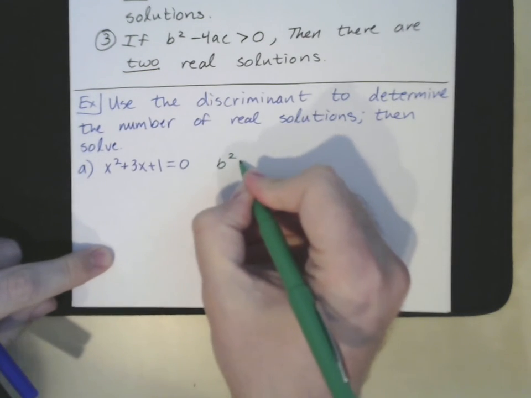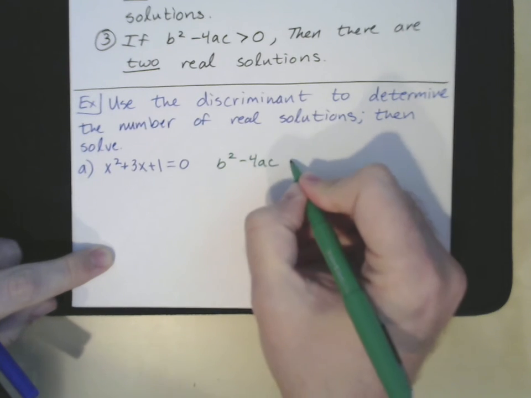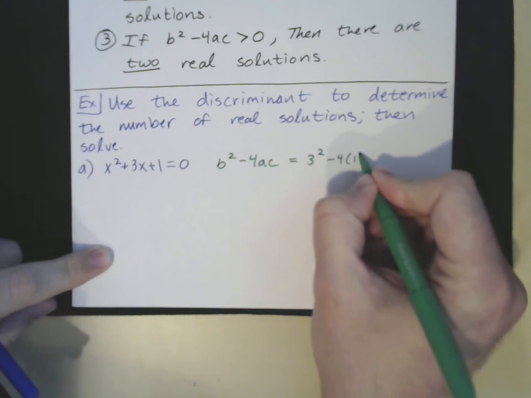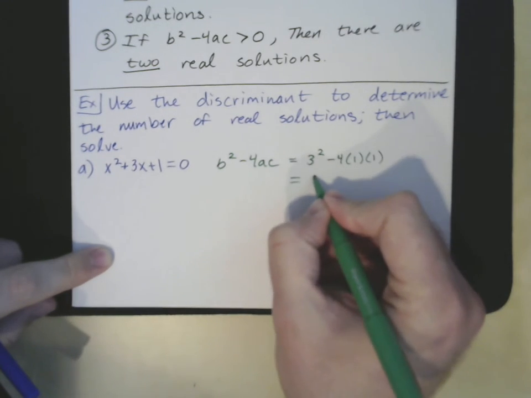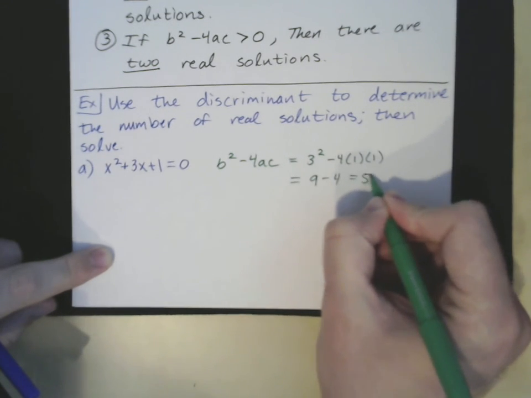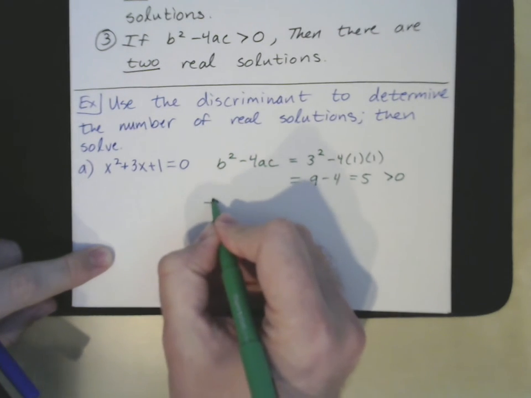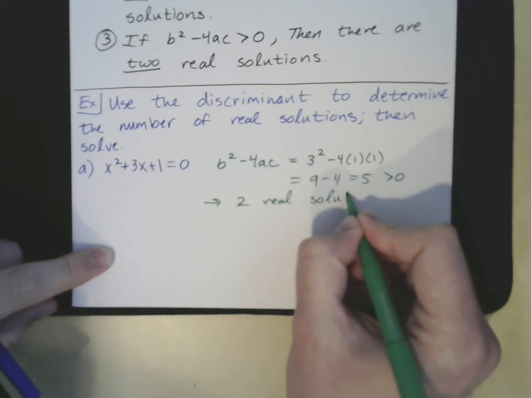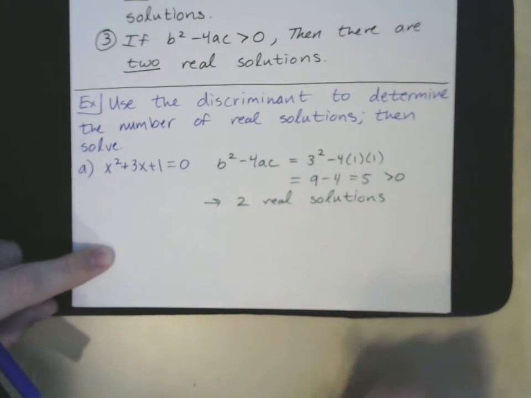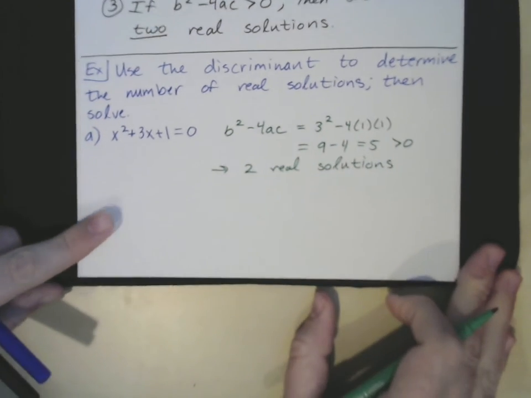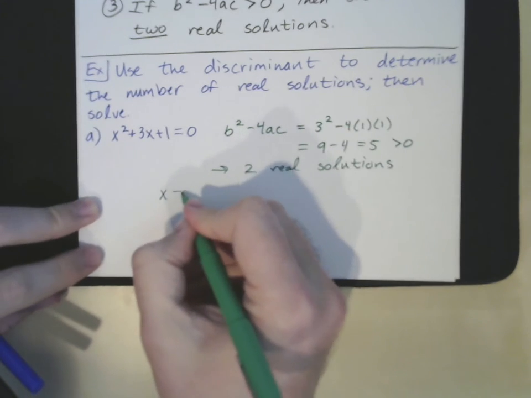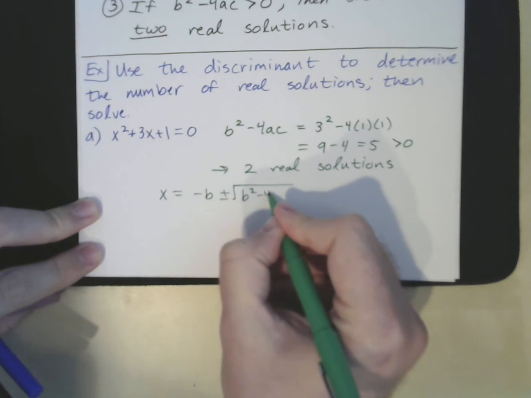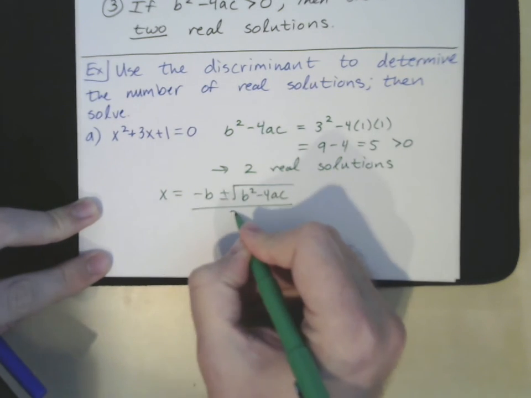So we have b squared minus 4ac for our discriminant calculation. This is 3 squared minus 4 times 1 times 1. So this is 9 minus 4, or 5. This is greater than 0, so that means we're going to have two real solutions. And so our quadratic formula, negative b plus or minus the square root of b squared minus 4ac all over 2a.